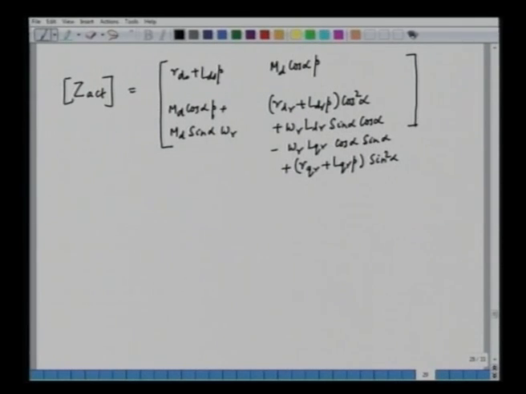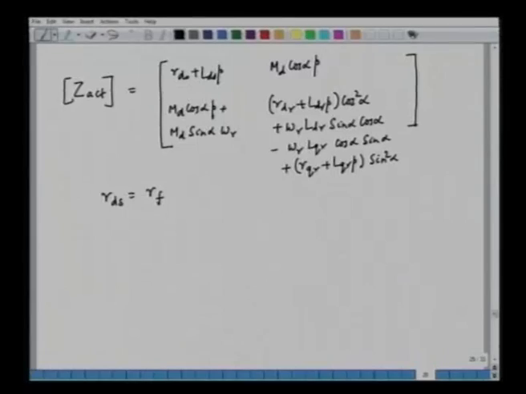Now, we can replace RDS by RF, the field resistance. RDS is the field winding resistance, the D axis stator is basically the field winding. So, RDS is equal to RF and LDS is equal to LF, RDR equal to RQR, that is equal to RA.